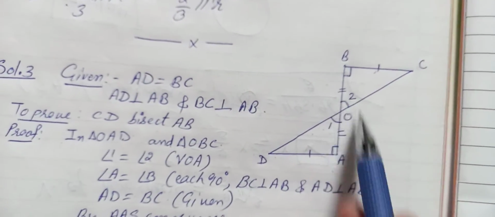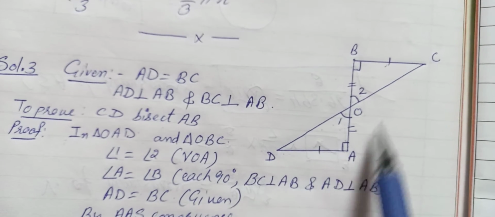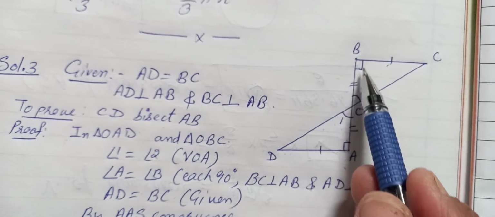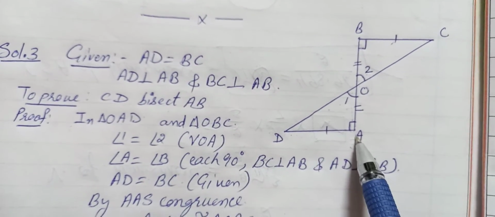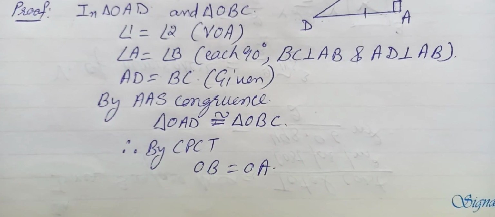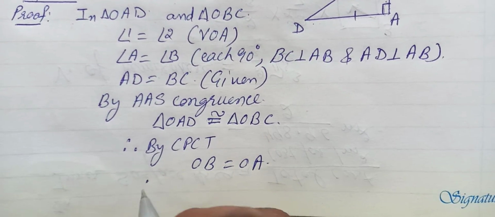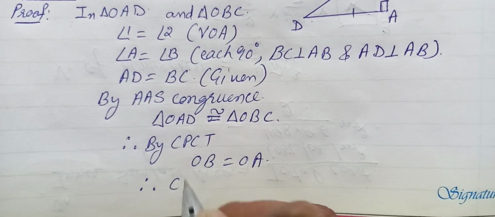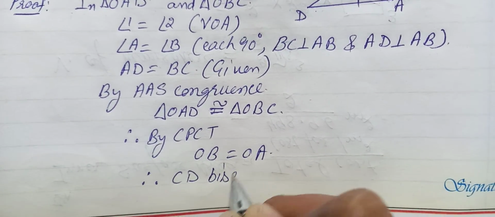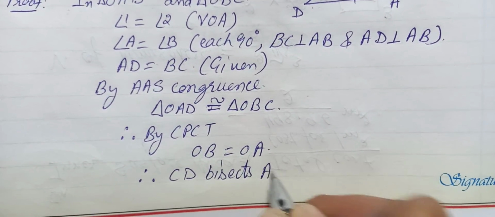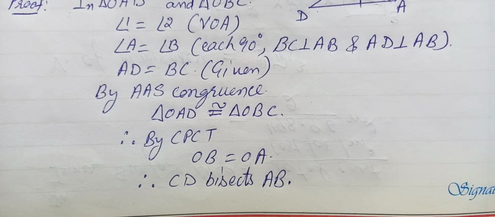So if OB is equal to OA, then this CD divides AB in two equal parts. So that means it bisects it. Therefore CD bisects AB. Hence proved.